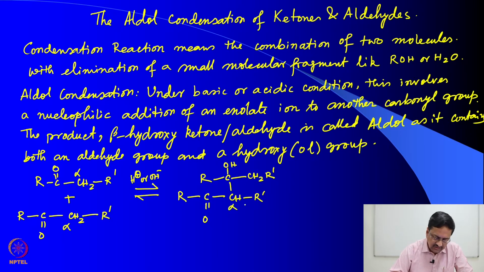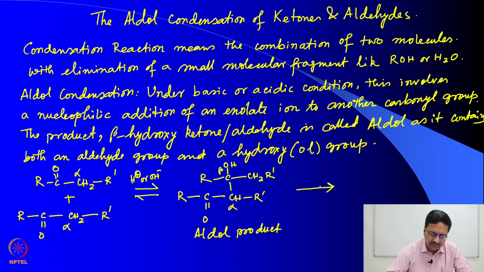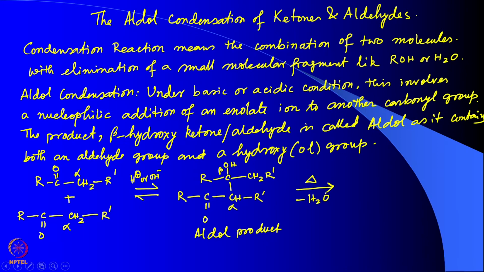So, this is called the alpha carbon, and the second carbon which contains the OH group is called the beta carbon. So, this product is called the aldol product. If you heat this compound, it eliminates a molecule of water and it gives you a new compound which is the alpha beta unsaturated ketone or aldehyde.